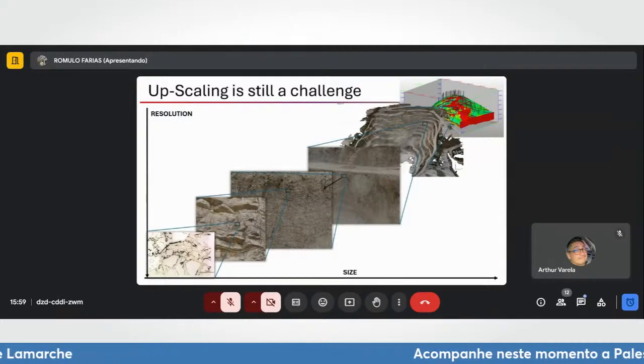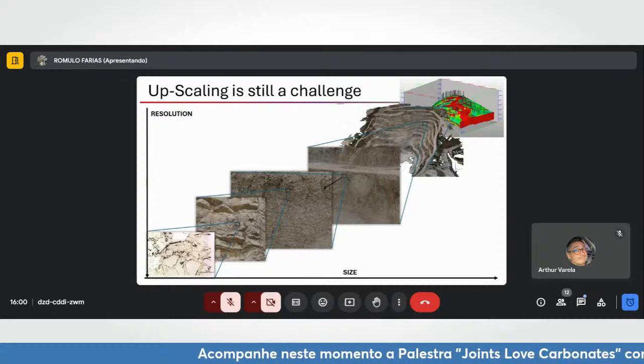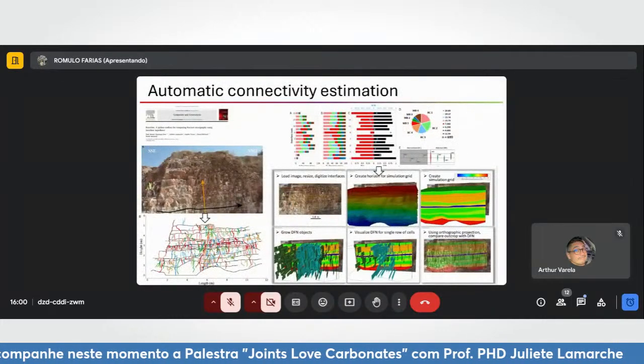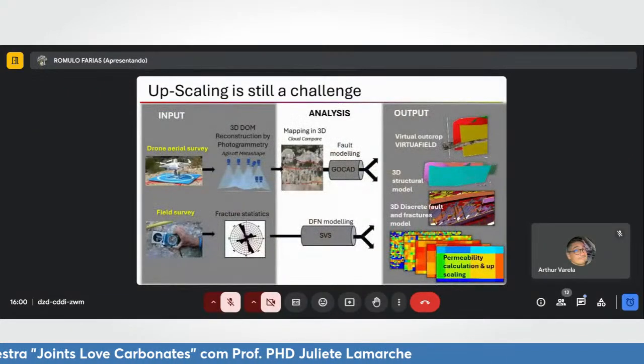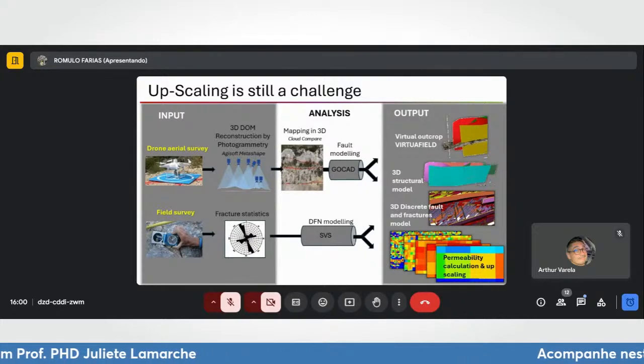So going from the very small observation to the reservoir scale, and combining this approach with upscaling is what I try to do. So I use photogrammetric models.